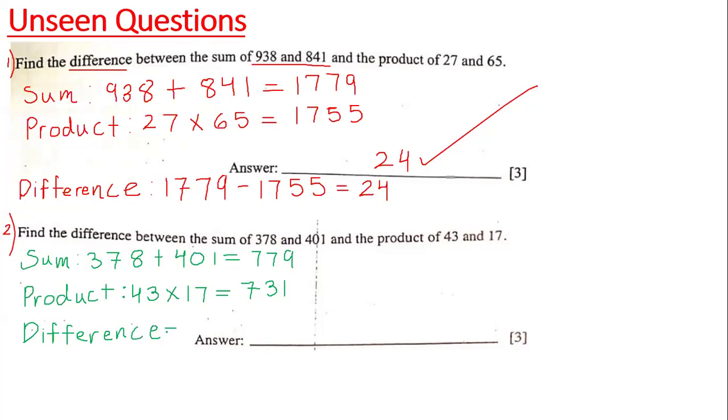The difference is going to be 779 minus 731, which is equal to 48.